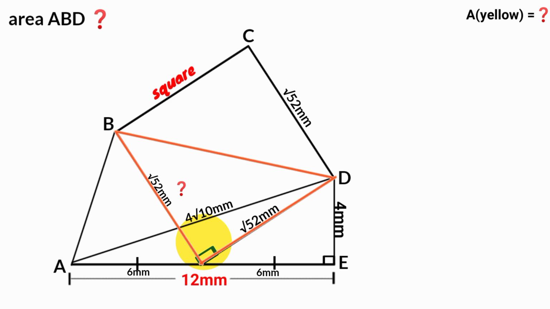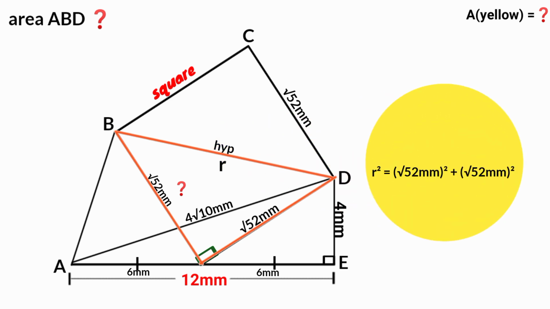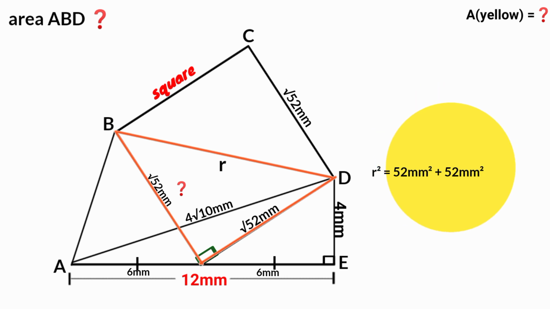So if we use the Pythagoras theorem on it, since this is the hypotenuse, let's assume its length to be r. It will be r squared equal to root 52 millimeters all squared plus root 52 millimeters all squared. Root 52 millimeters all squared is 52 millimeters squared. 52 plus 52 is 104 millimeters squared. So r squared equal to 104 millimeters squared.